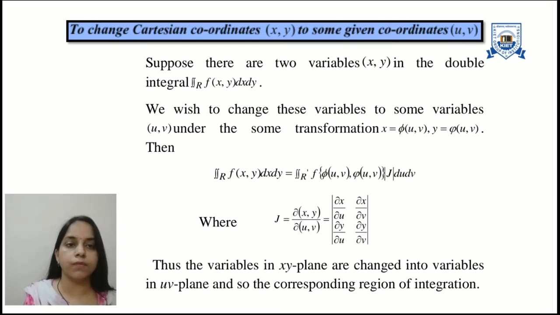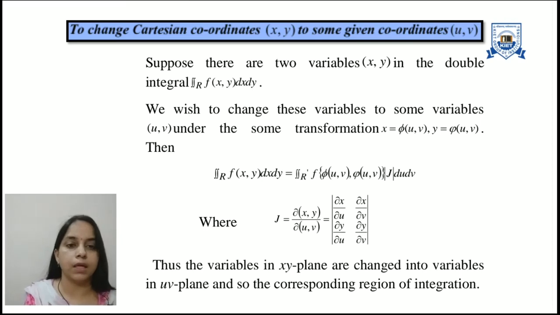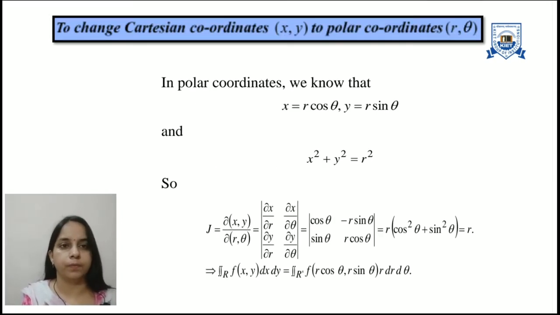Then our double integration of f(x,y) dx dy becomes the double integration of f(phi(u,v), psi(u,v)) times the Jacobian of x, y with respect to u, v, du dv. The Jacobian of x, y with respect to u, v is given by this. Thus, the variables in the xy plane are changed into variables in the uv plane, and the corresponding region R in the xy plane changes to the region R dash in the uv plane.